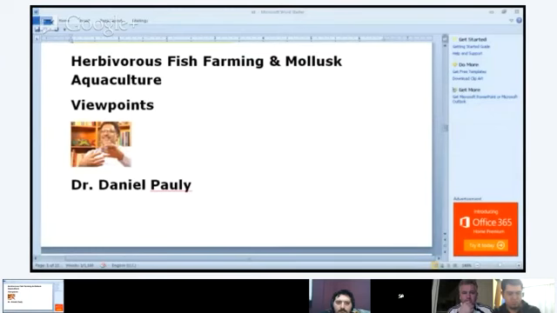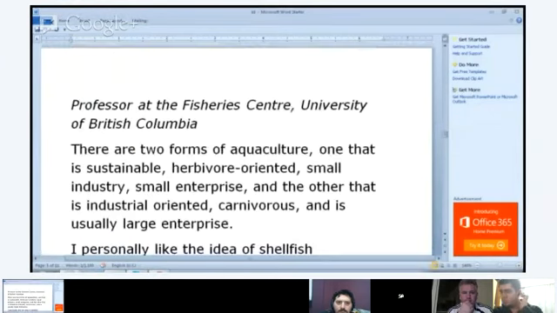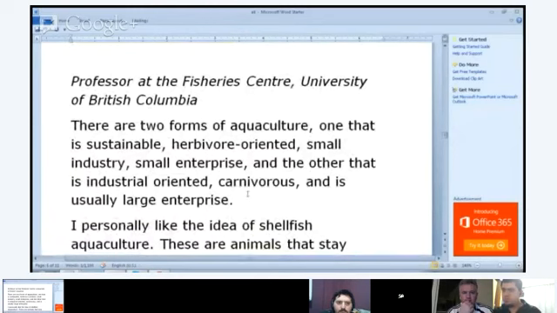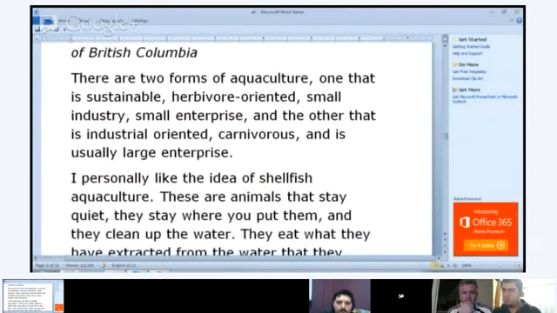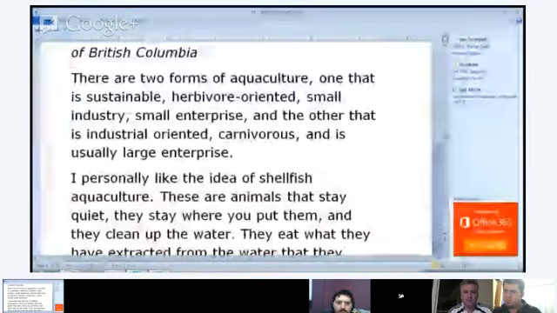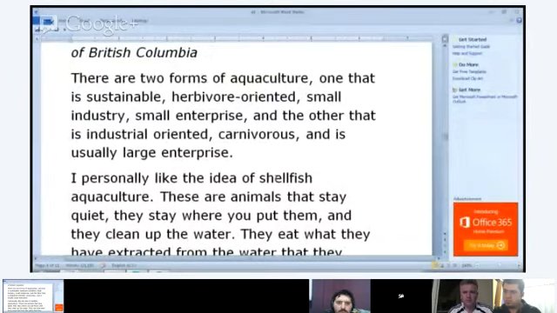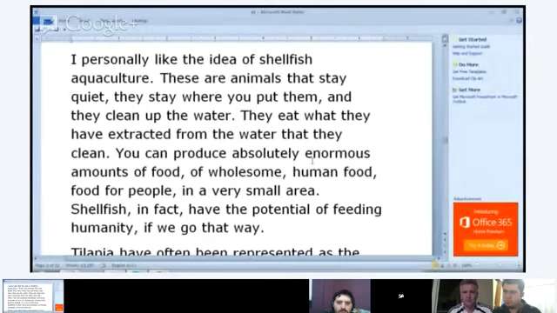Dr. Daniel Pauly, professor at the Fisheries Center, University of British Columbia. There are two forms of aquaculture. One that is sustainable, herbivore-oriented, small industry, small enterprise, and the other that is industrial-oriented, carnivorous, and is usually large enterprise. I personally like the idea of shellfish aquaculture. These are animals that stay quiet.